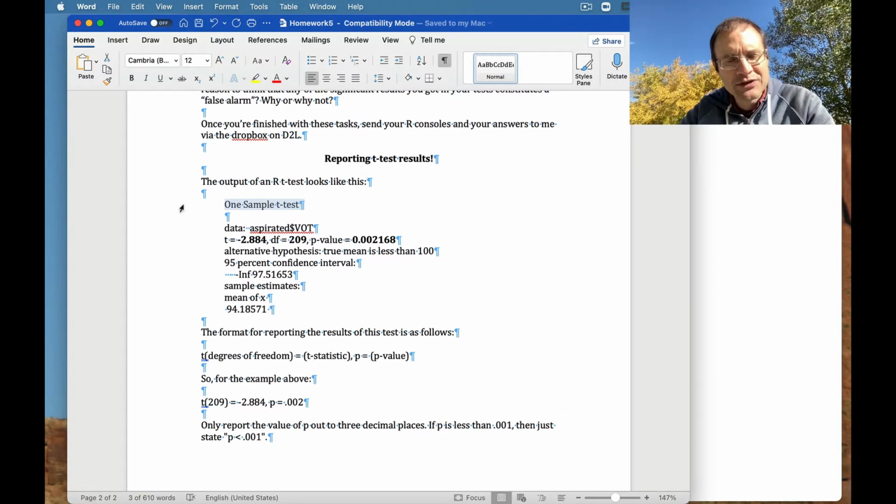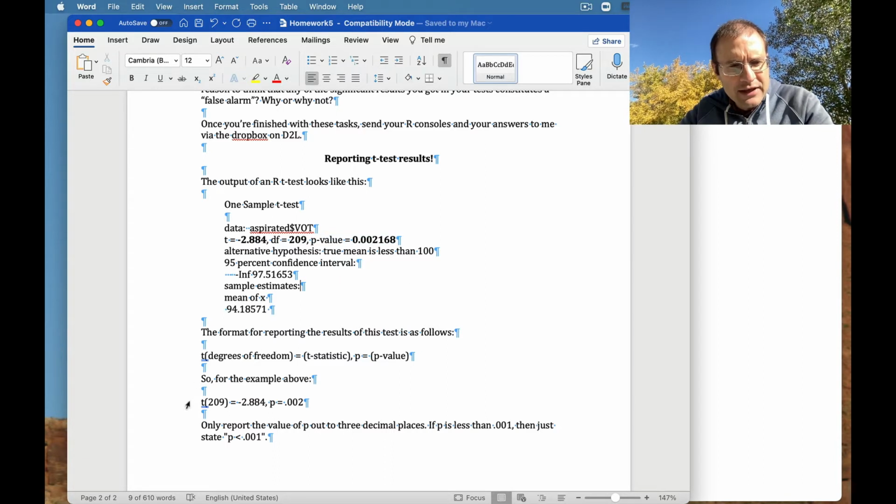So when you run a one sample t-test, we've seen this in the lecture, you get a big batch of results that look like this in R, and what you really care about is on this line. So what you want to report is the t statistic, the number of degrees of freedom, and then the p-value that you get out of that.